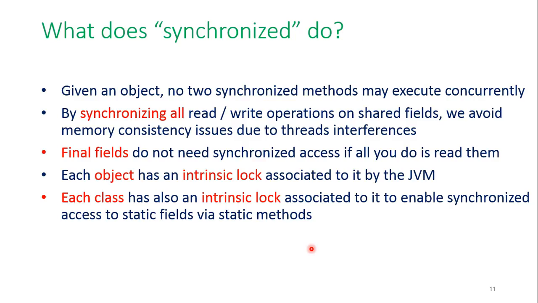So the same way that we can mitigate thread interference at the level of instance variable fields inside the object of a class, we can also mitigate thread interference at the level of class variables, static variables in classes.